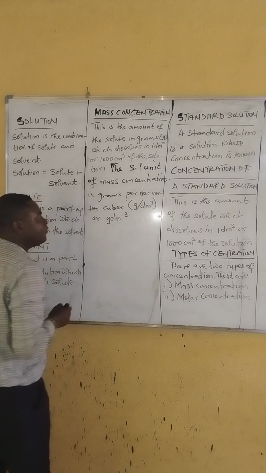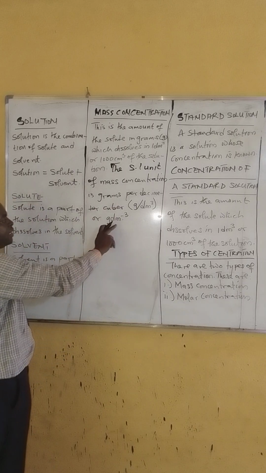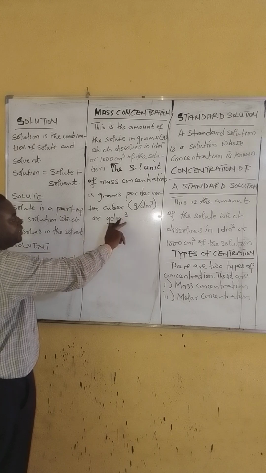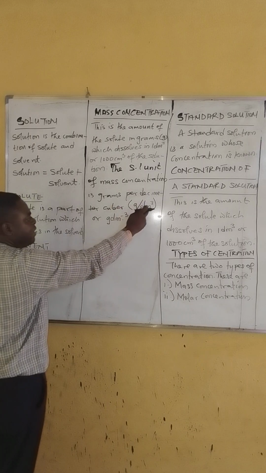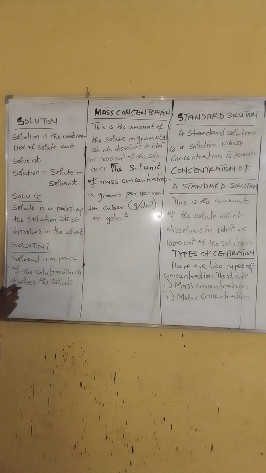If you remember the law of indices in mathematics, if I'm not putting a slash, then I'll put -3. But if I'm putting a slash, I will not write dm⁻³ but ordinary 3. So that is the SI unit of mass concentration.